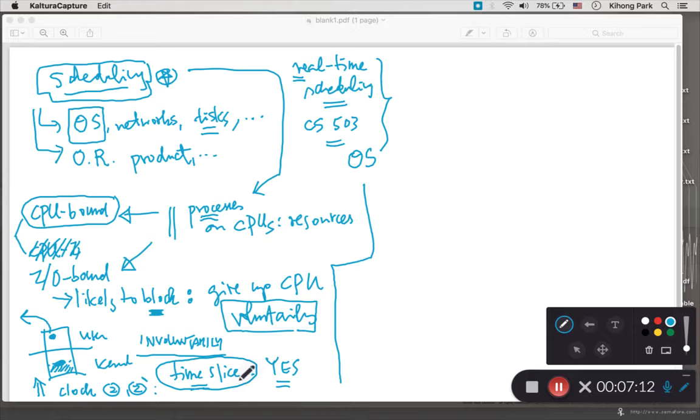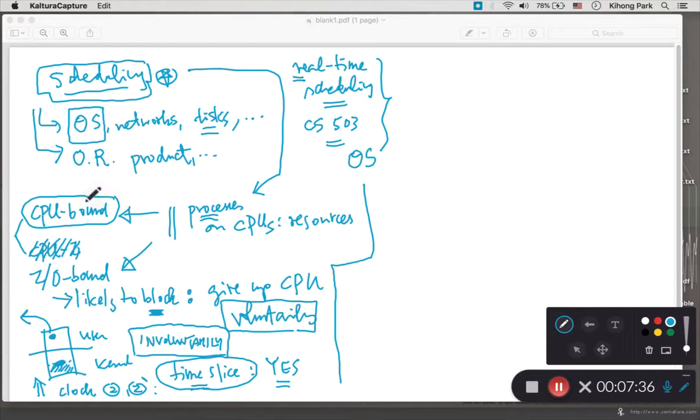That means it ran on the CPU for some time. And then it's the scheduler's action, so it's the kernel's action, that then determines that this guy should not be current anymore, and it context switches this process out. So it's done involuntarily.